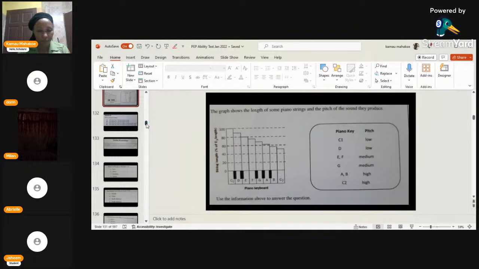Piano key C1 pitch low, D pitch low, E and F medium, G medium, A and B high, C2 high. Use the information above to answer the question.